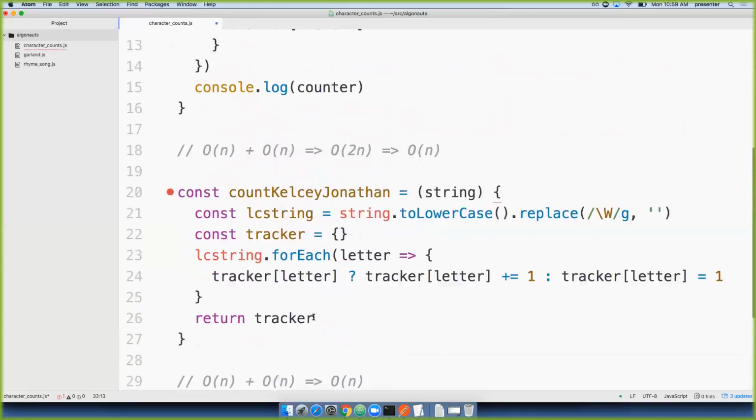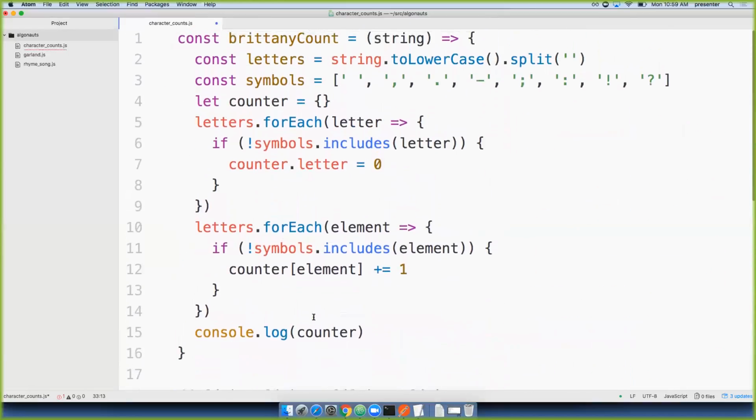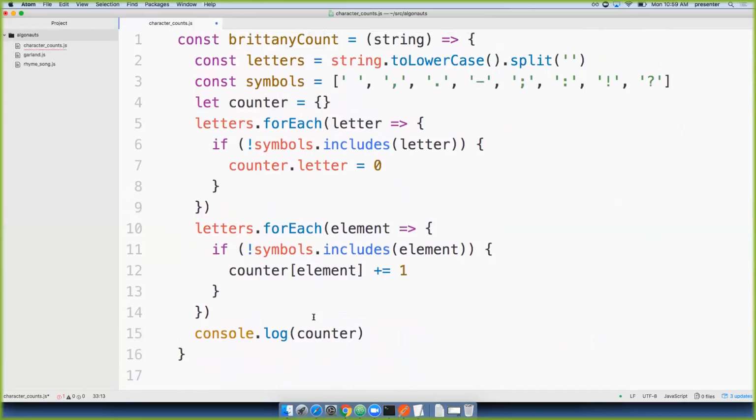I would take a look at your code and see whether anything can be consolidated, whether anything feels unnecessary. Yeah, exactly.